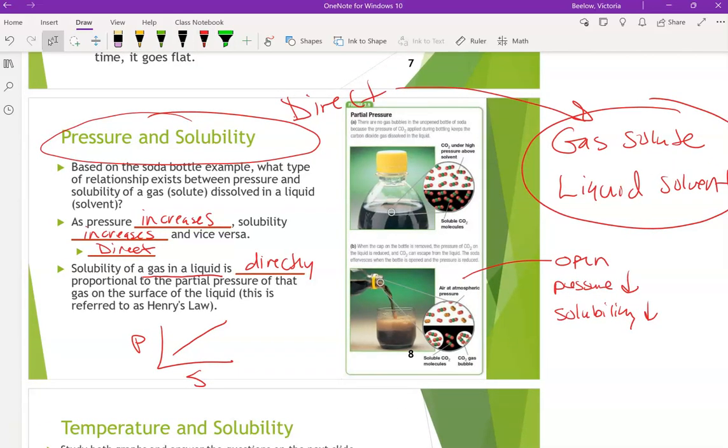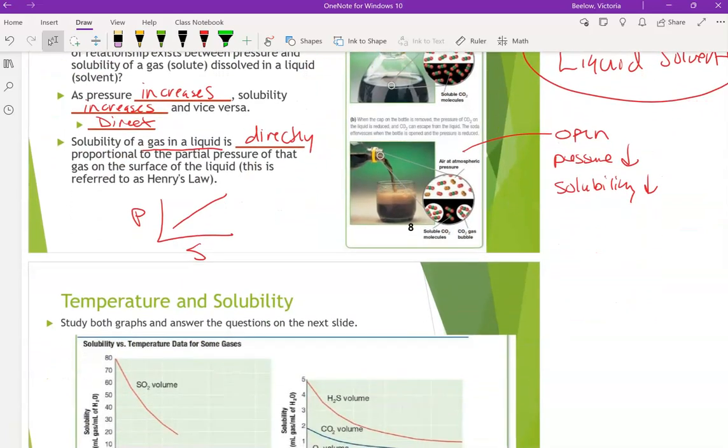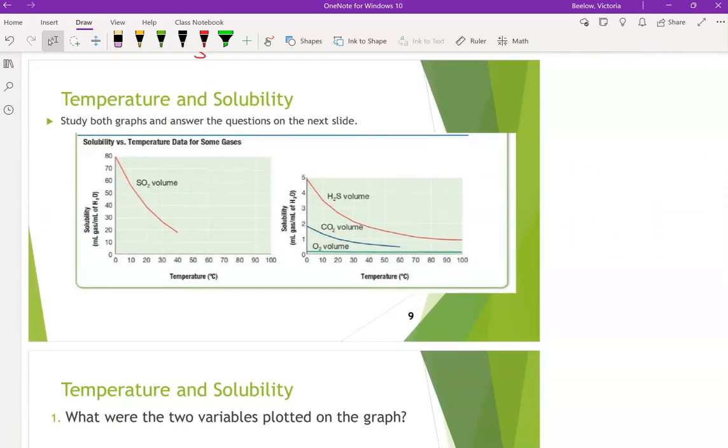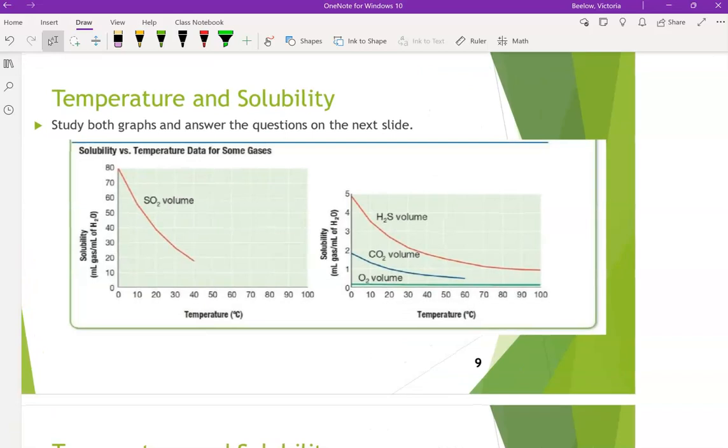All right, now let's look at temperature and solubility. In these two graphs, you can see a couple of different things here in terms of substances.